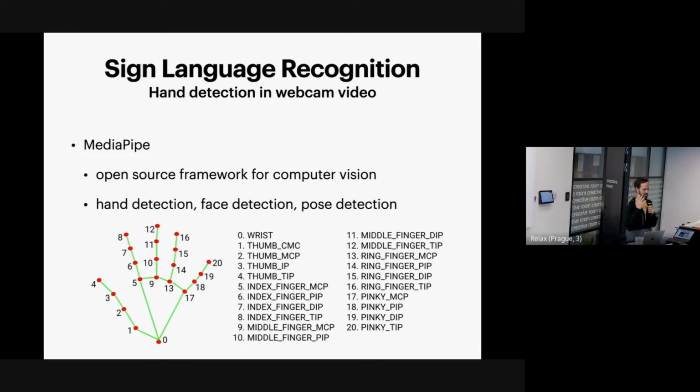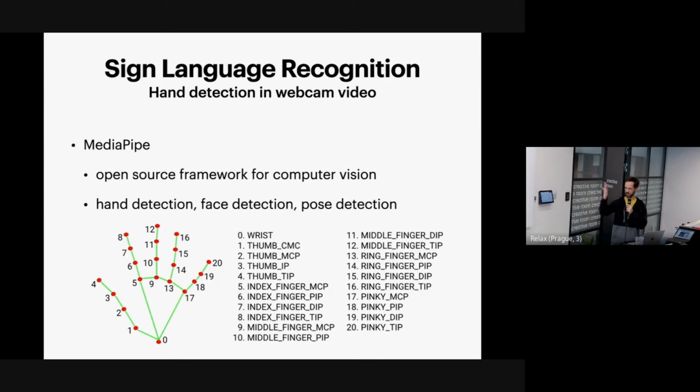You can have whole face detection and tracking of eyes and everything, and you can use it for detecting when you play basketball or something, and how your shooting technique is going, and all of that. It has many libraries, but let's focus on hands for now.